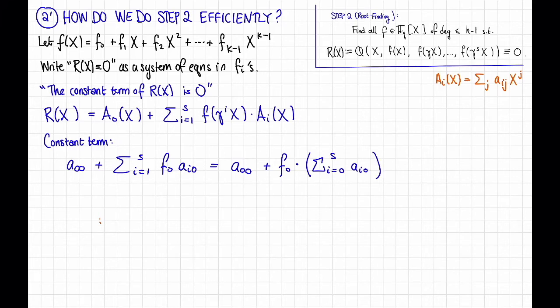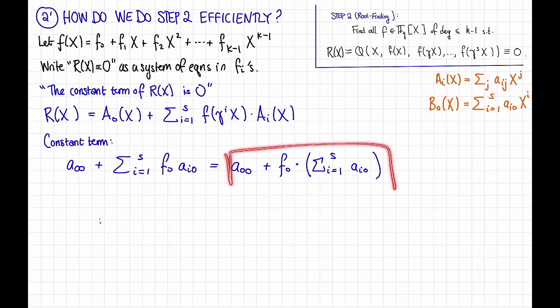For reasons that are going to become clear in a moment, I'm going to define a new polynomial, b0 of x. And let's define b0 of x to be equal to the sum from i equals 1 to s of ai0 x to the i. I just noticed that I wrote i equals 0 down here. That should be i equals 1. So with this definition of b0, this thing here is equal to a0, 0 plus f0 times b0 of 1.